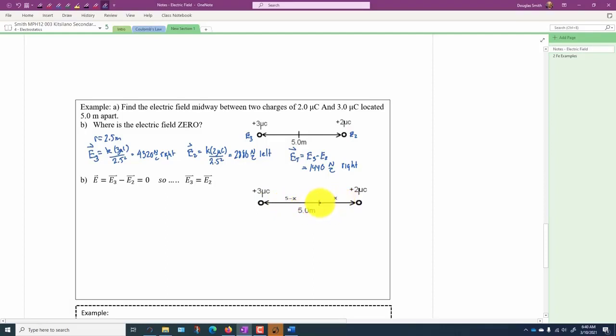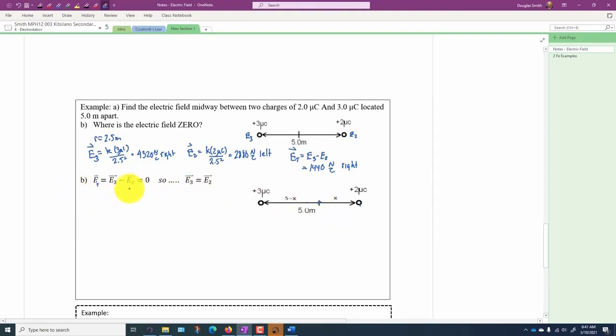So I'm saying there's some point here, some distance x away from the 2 microcoulomb charge, where the field is 0. So the electric field total, 3 minus 2, is 0. In other words, it's where these two are equal and opposite at some distance.